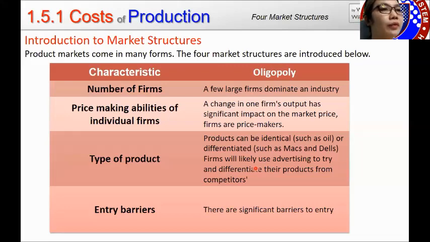In terms of entry barriers in oligopoly, there are significant barriers to entry.